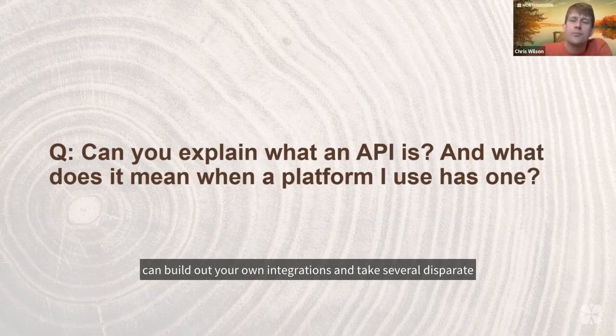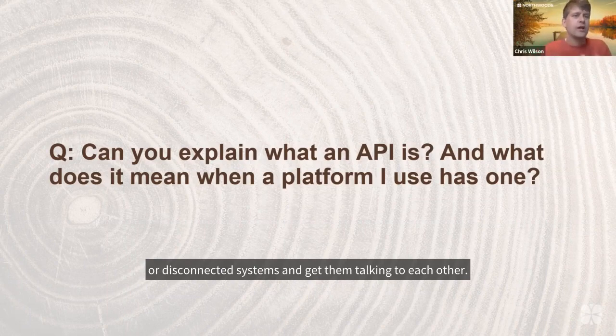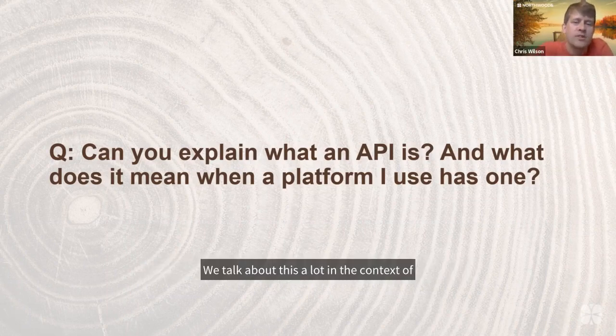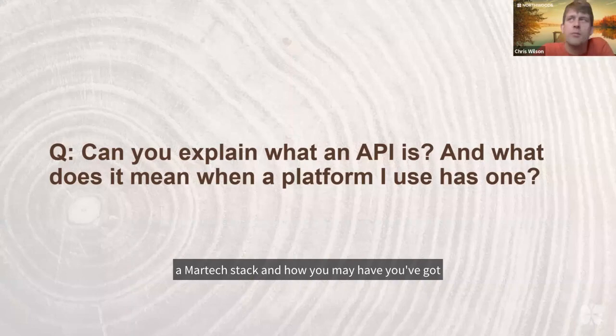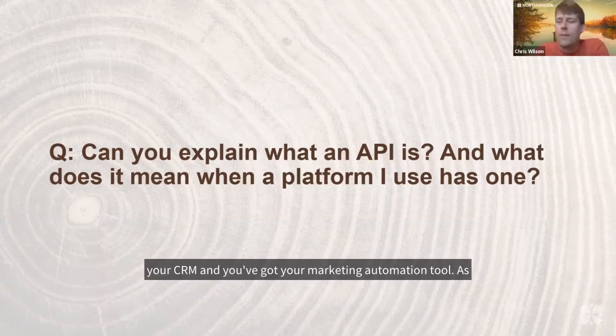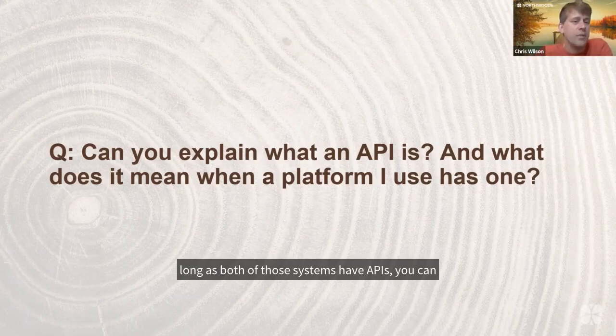It also means that you can build out your own integrations and take several disparate or disconnected systems and get them talking to each other. We talk about this a lot in the context of a MarTech stack, where you've got your CRM and you've got your marketing automation tool. As long as both of those systems have APIs, you can start getting them to talk to each other.